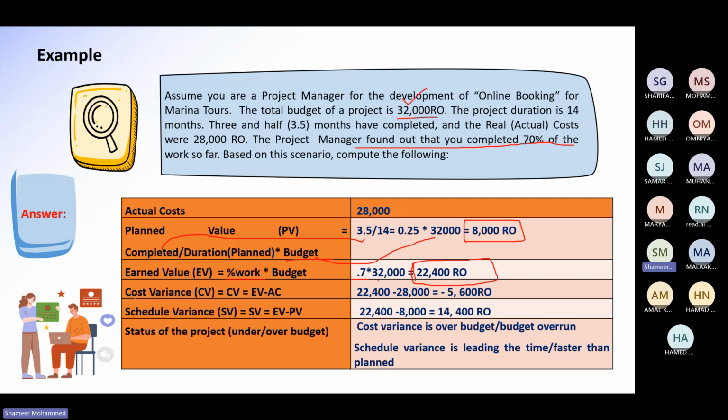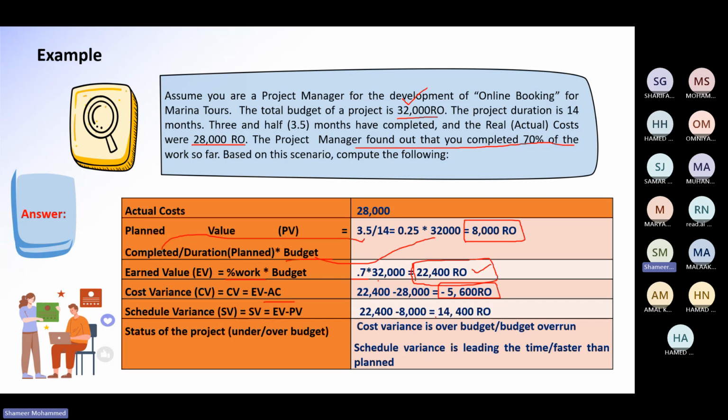Now differences you can calculate here. Cost variance is equal to earned value minus actual cost. So what is earned value? This is the earned value. Minus actual cost of the project is, here it is given 28,000. So it is minus this one.